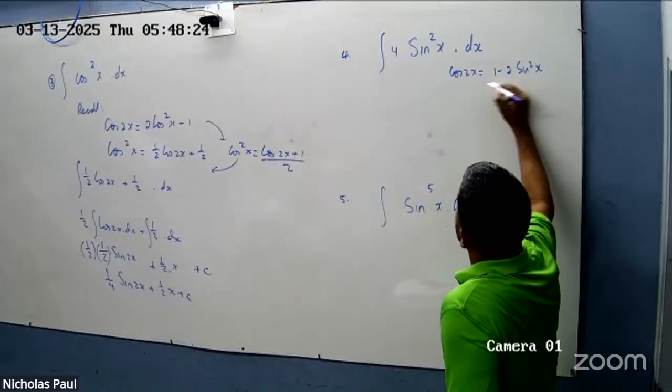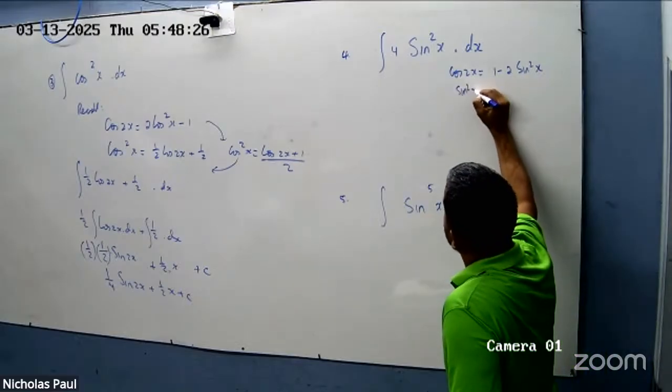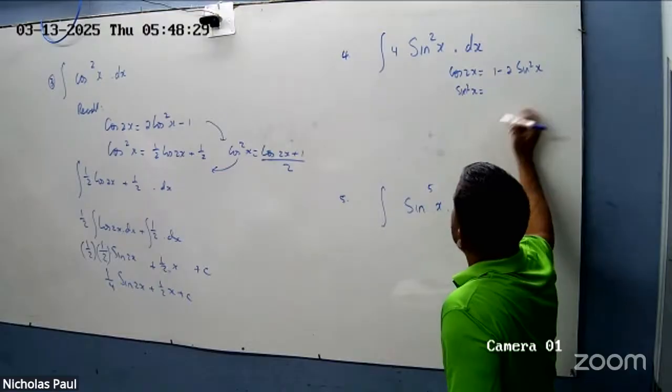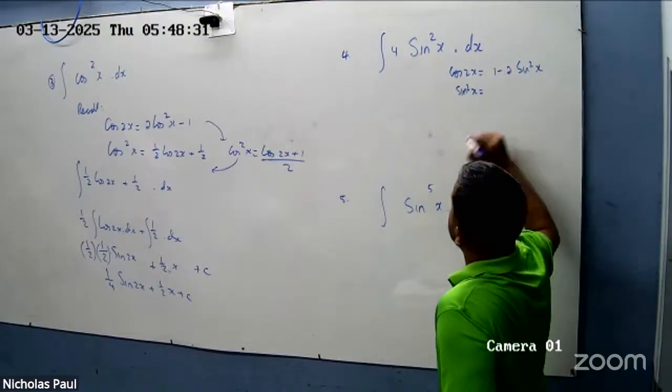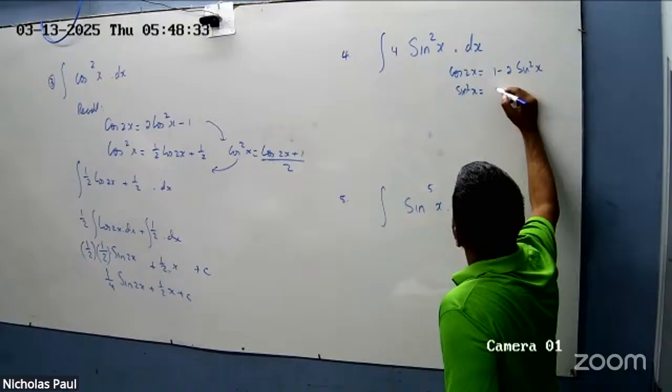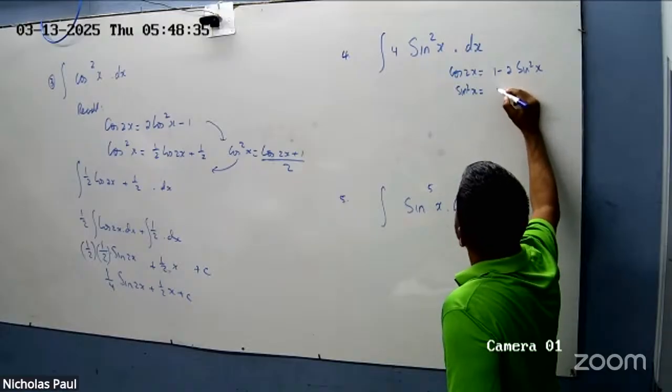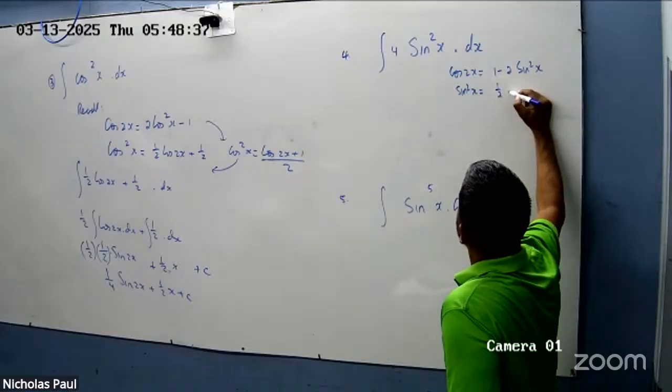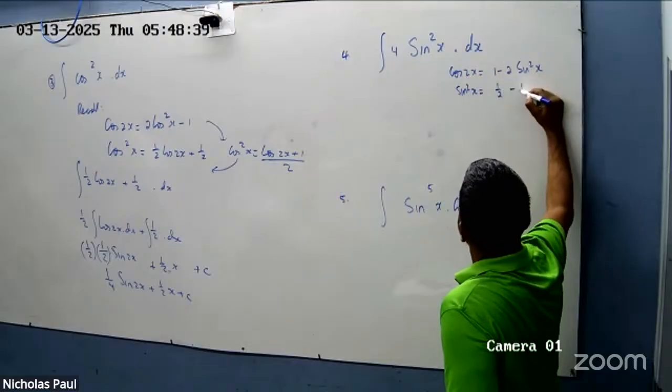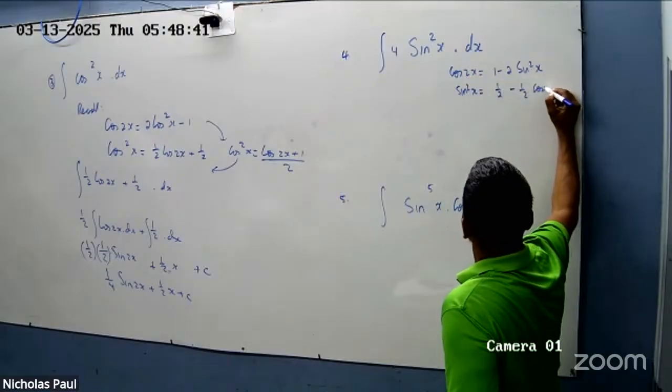So when you make sine squared the subject of the formula, or you can make 2 sine squared the subject, it's up to you, you will end up with a half minus a half cos 2x.